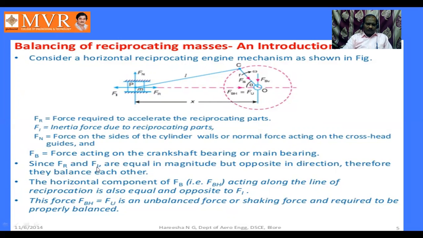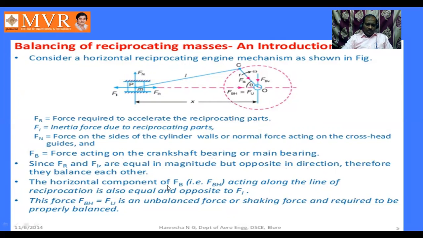Since Fr and Fi are equal in magnitude but opposite in direction, they balance each other.